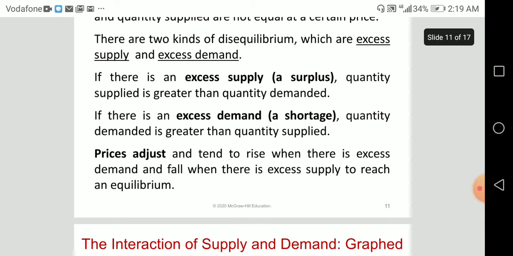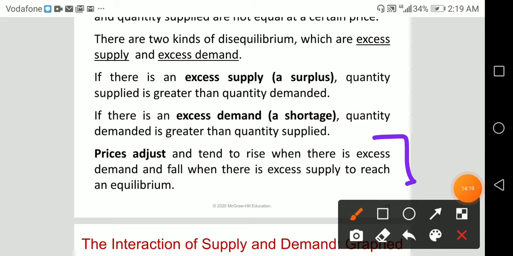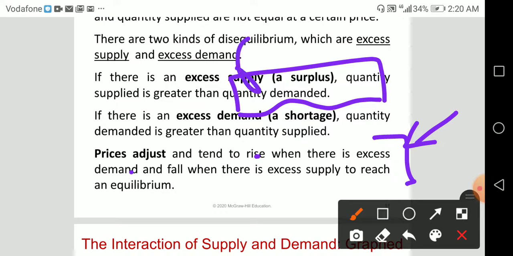So prices adjust, and they tend to solve the problem by themselves. Price adjusts and tends to rise when there is an excess of demand. This is a very important point: the quantity demanded is greater than the quantity supplied.